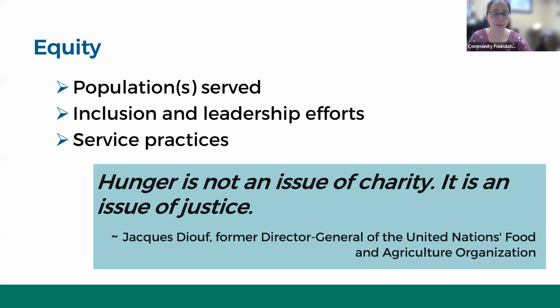And so in terms of the population served, you know that within Frederick County, we have about 25 to 35% of our population are people of color, but you know that within your organization and the work that you do and your food insecurity programs, about 85% of the people that you serve, and this is an example of made up numbers, 85% of the people you serve are from communities of color.